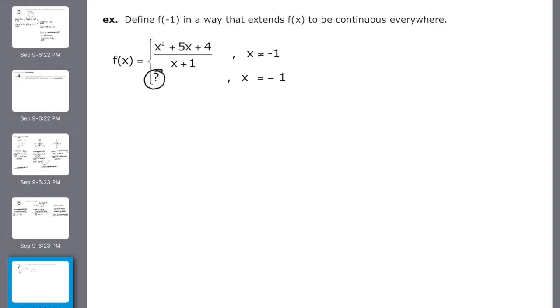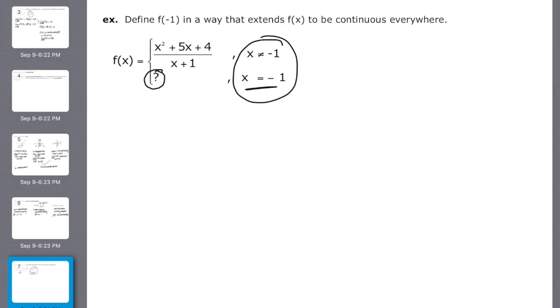Because we are talking about continuity, I can use my definition of continuity to actually figure this out. So I always start by defining continuity by looking at my limits. Now, if we think about it, this one's a little bit different because of the fact that we don't have an inequality, we have an equal sign and a not equal sign. So this is the value of my function.